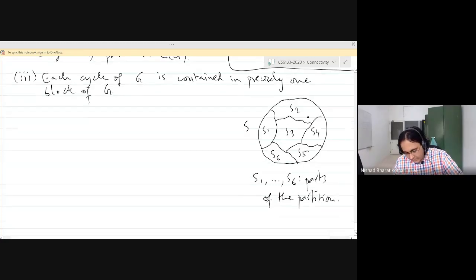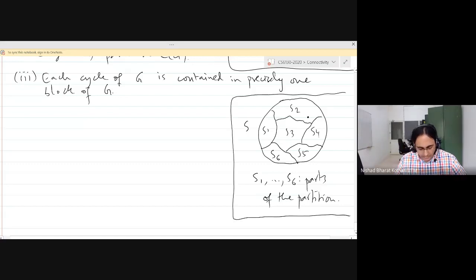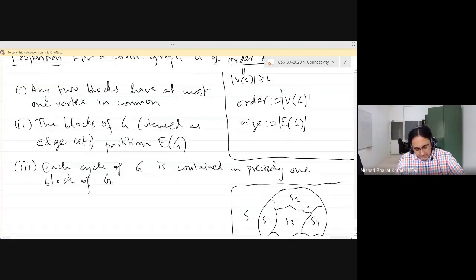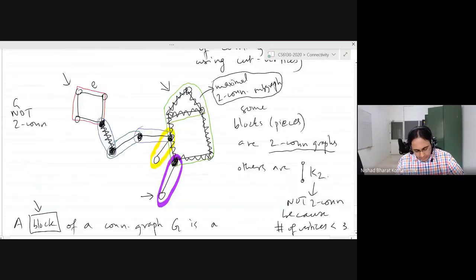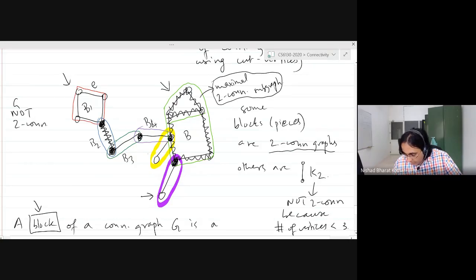Okay, so that's just standard mathematical terminology. What this statement is saying is that if you think of the blocks of the graph as sets of edges, so think of each block as a set of edges, let me give numbers to each of them: B1, B2, B3, B4. This is B5, the yellow one.